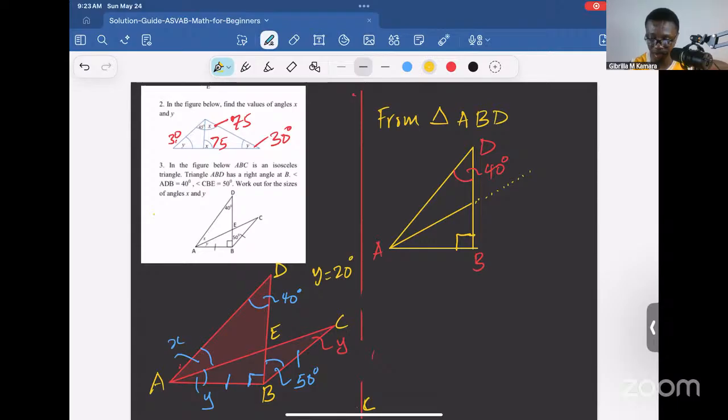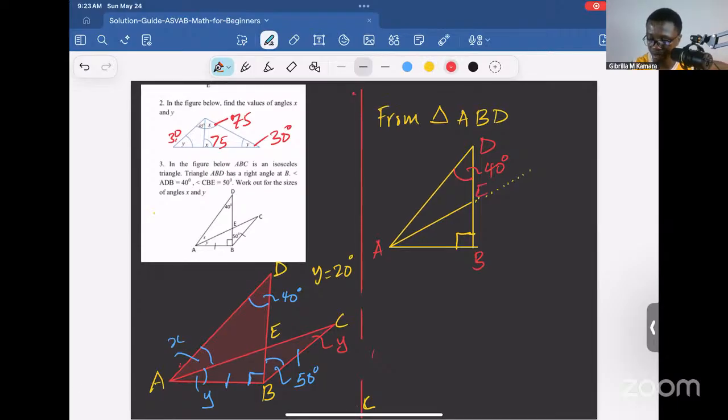Which is the E here. But we are given this one, and that's what we need right now, x. This one is y, which we already have. So we can say x plus y plus this 90 degrees plus 40 is equal to 180 degrees.